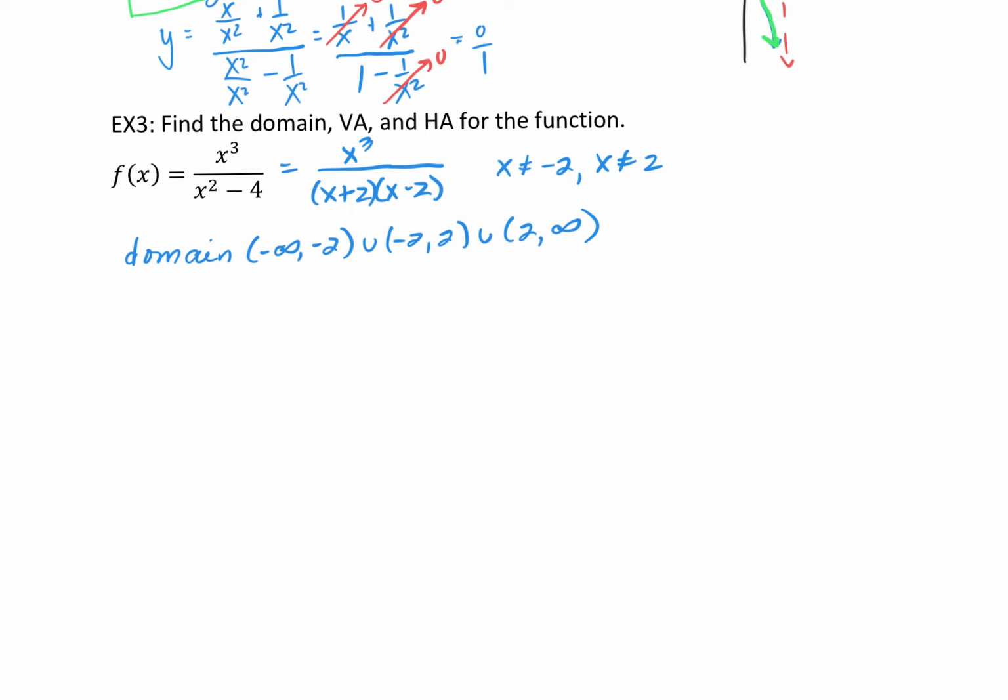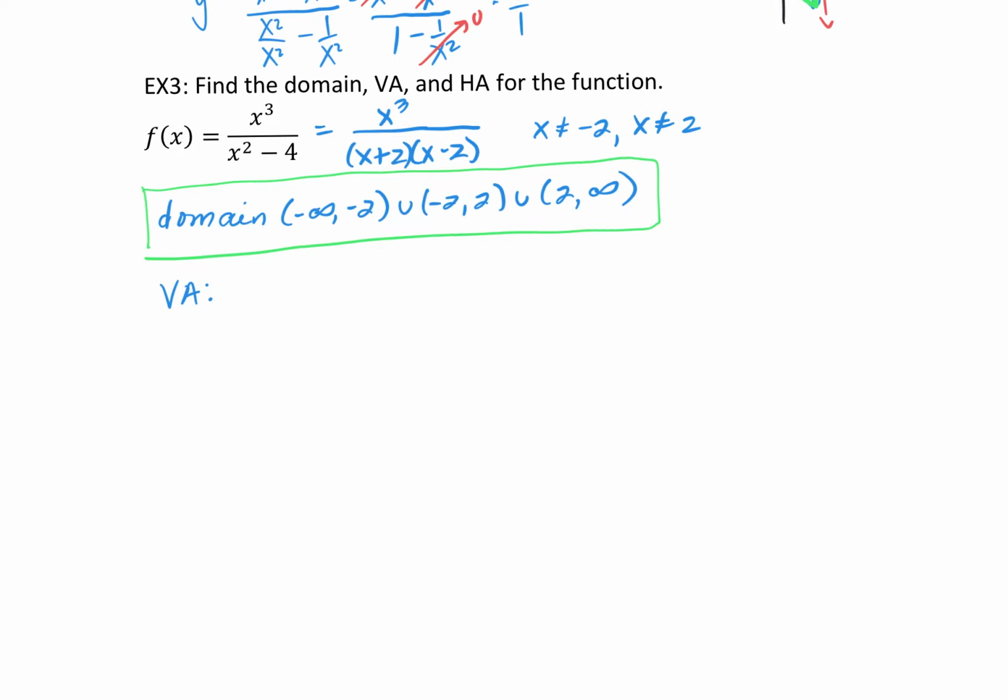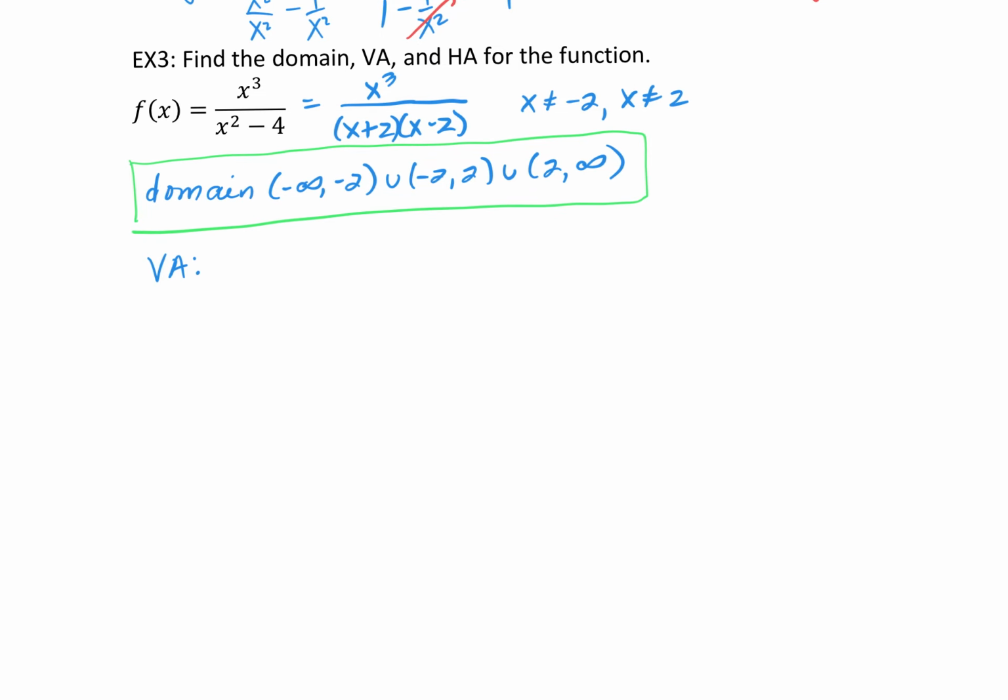Now let's go ahead and find our vertical asymptotes by setting our denominator equal to 0. In a case where nothing reduces, pretty much once you've found the domain, you've found your vertical asymptotes because they'll be the same. Vertical asymptotes will be x equal to -2 and x equal to 2.